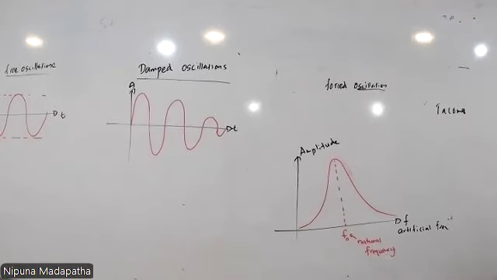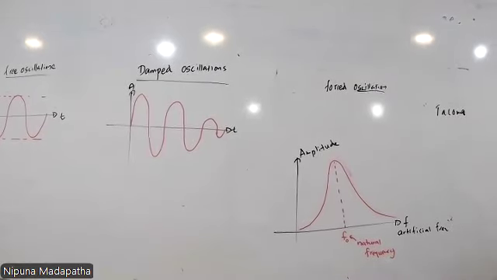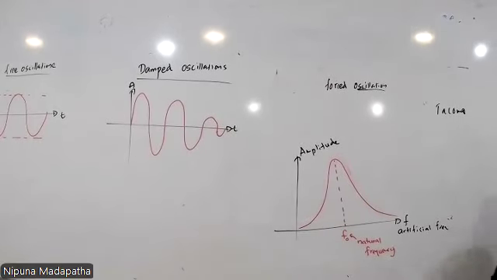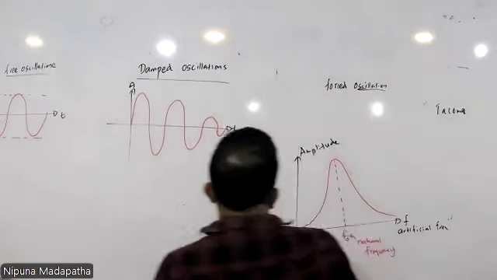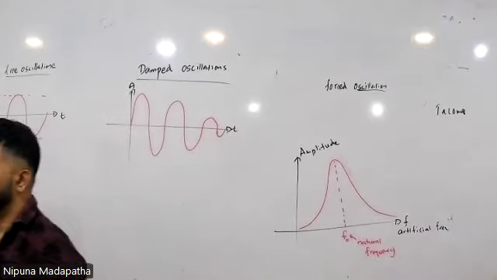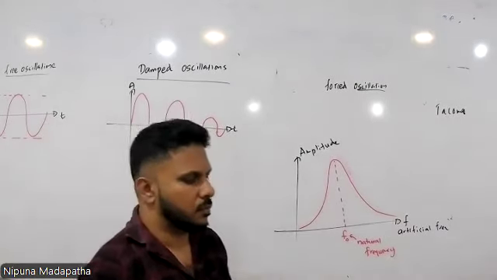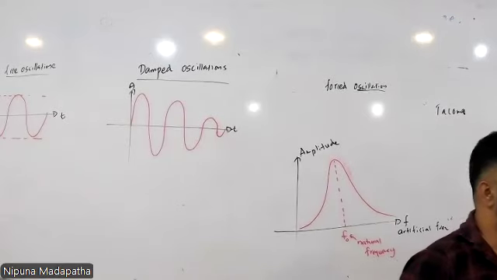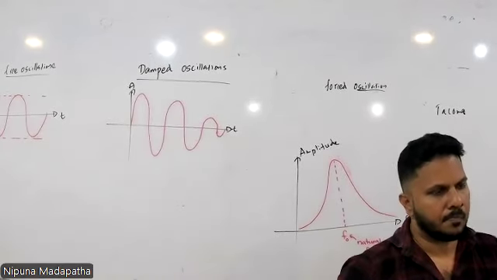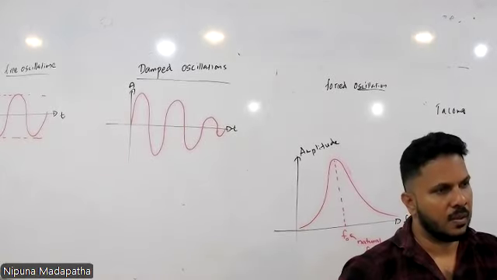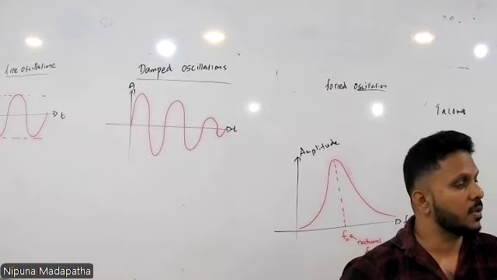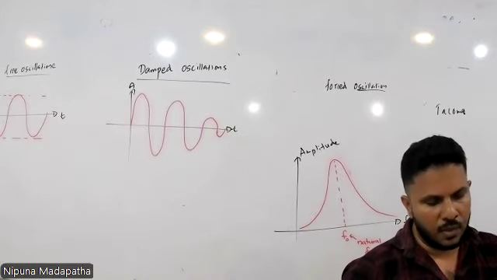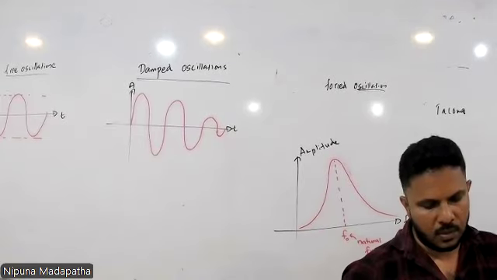These oscillations are also called artificial oscillations. The frequency of oscillation is called artificial frequency.